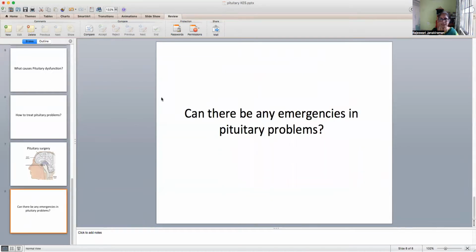So can there be any emergencies in pituitary problems? Yes, sometimes we do have emergencies. As I said, there can be electrolyte imbalance, mainly the sodium. It can be very low with some of the hormone deficiencies, and very high as in ADH deficiency when they are dehydrated, if they haven't had enough water.